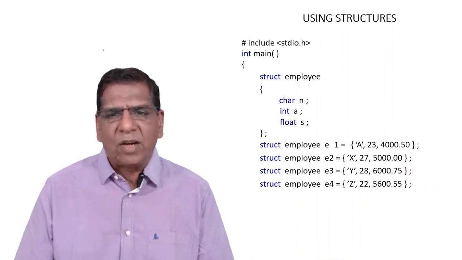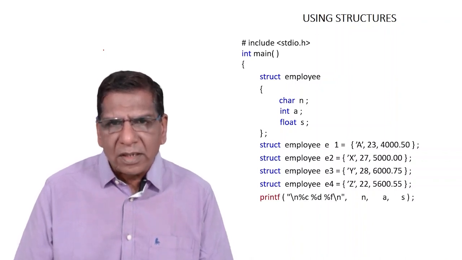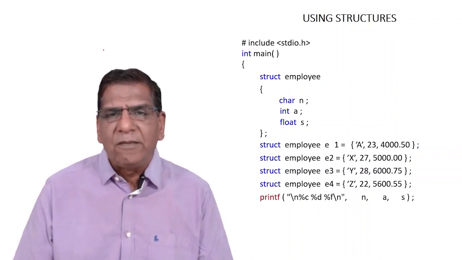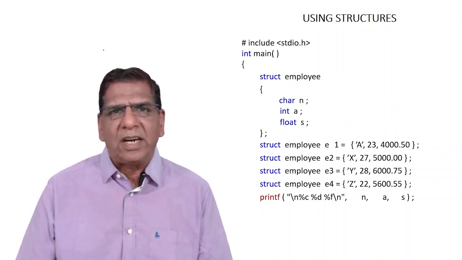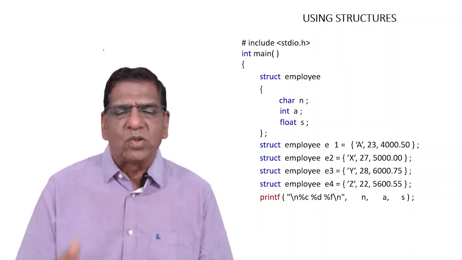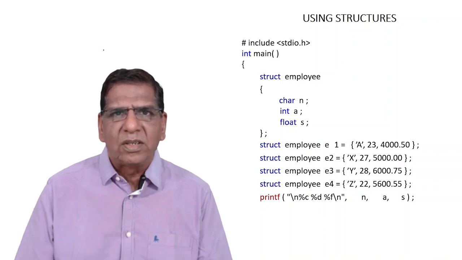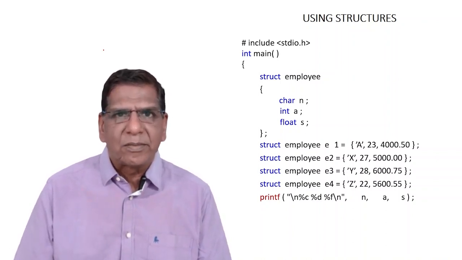Fine? And now to print out the value of each one of names, ages and salaries, we cannot merely say N, A and S. Why not N, A and S? Because E1 contains N, A and S, so also does E2, so also does E3, so also does E4. So whose name, age, salary are we talking about? That has to be clarified.